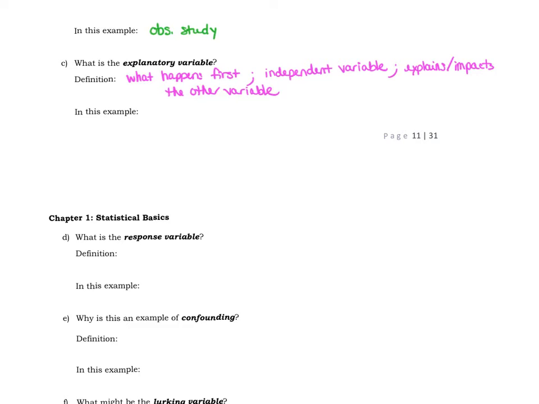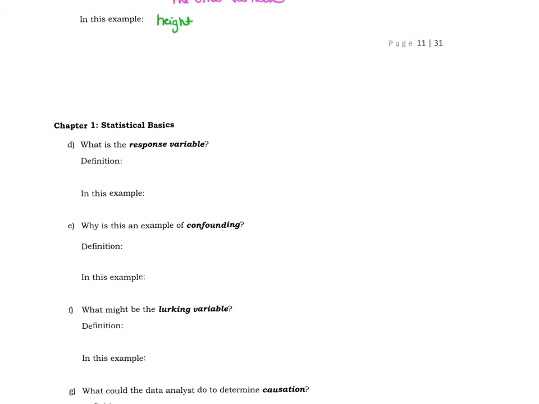Well, I'm not sure either one of those is a great one, but certainly the salary you make has nothing to do with how tall you are. So here, our explanatory variable would be the person's height. Height would then impact the salary.